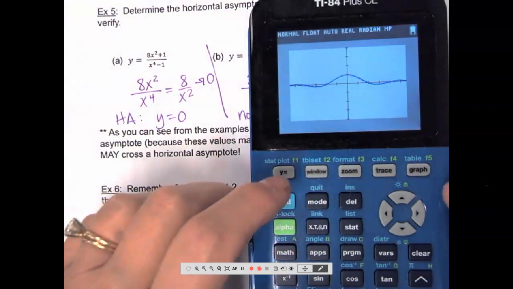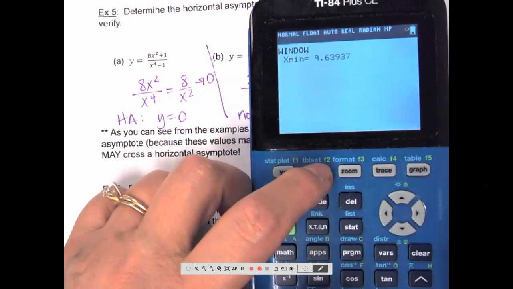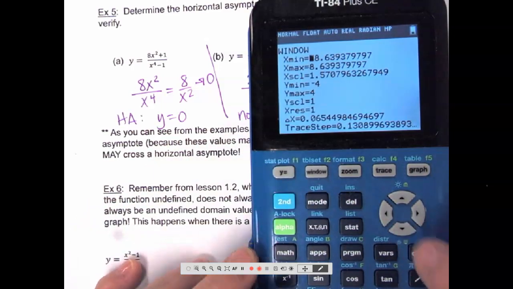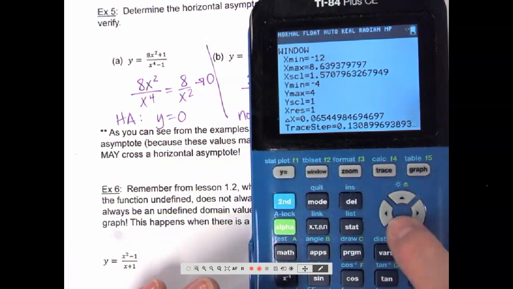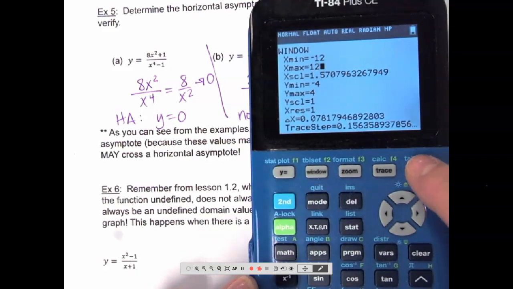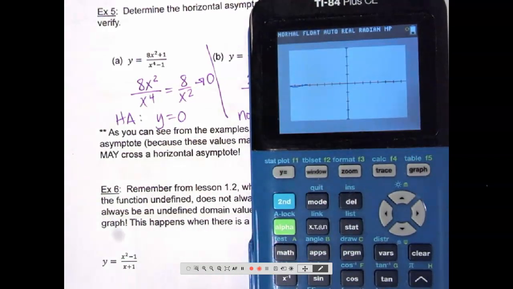Okay, so what is happening? Just watch my calculator. You don't have to do anything on yours. I'm going to change this and this. While this is graphing, is there any symmetry in this graph? What kind?